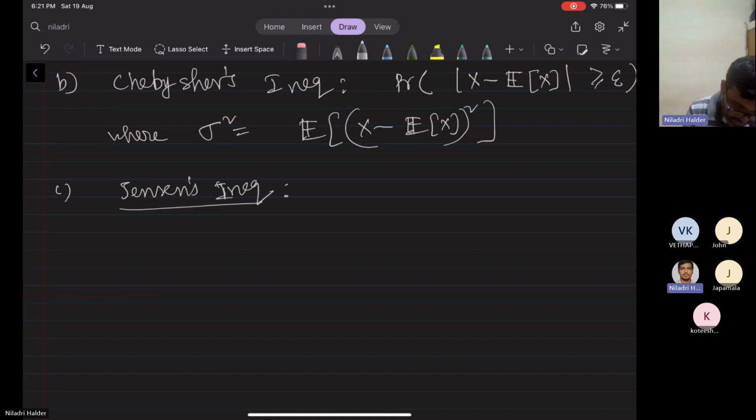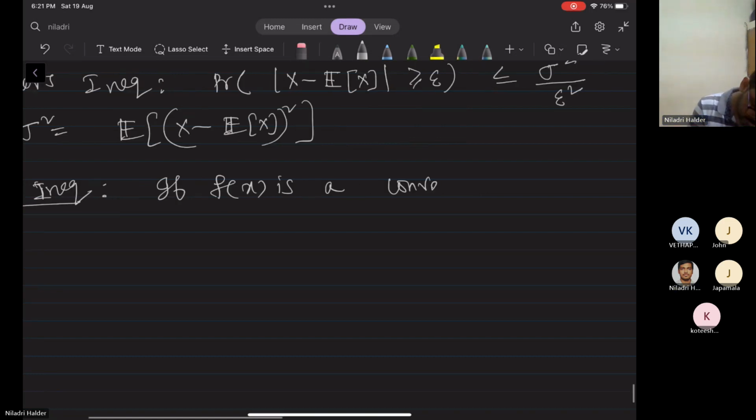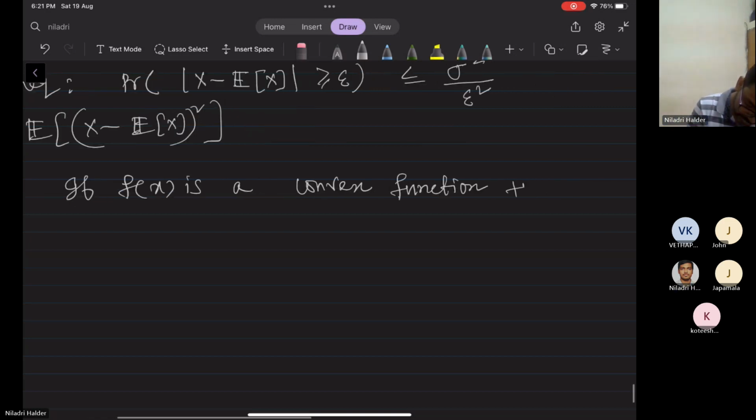The third one is Jensen's inequality, which is very applicable here. Suppose f is a convex function.